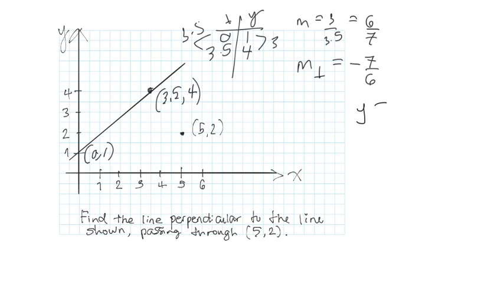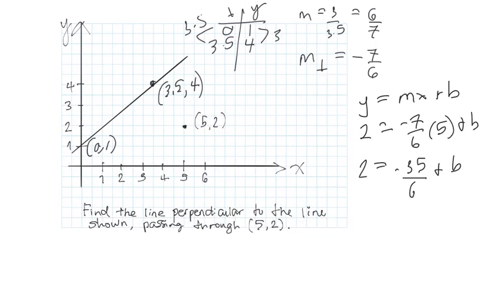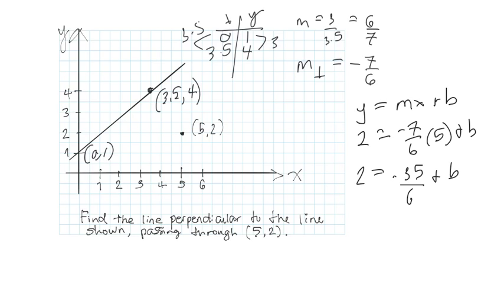So we have y equals mx plus b. And so we have 2 equals negative 7 over 6 times 5 plus b. And then we have 2 equals negative 35 divided by 6 plus b. We need to add negative 35 over 6 to both sides.